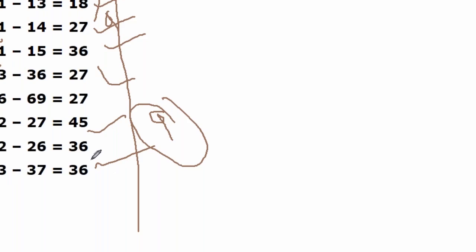Got it? Okay. So what did you understand? xy minus yx is always divisible by 9.